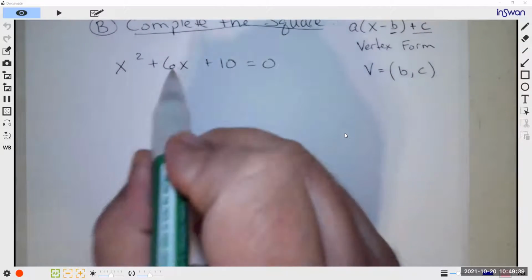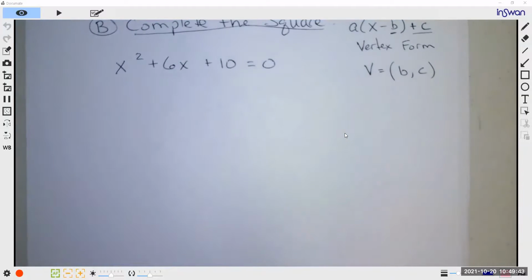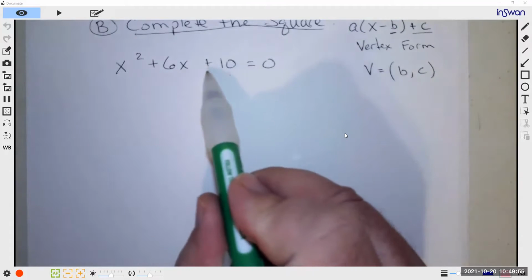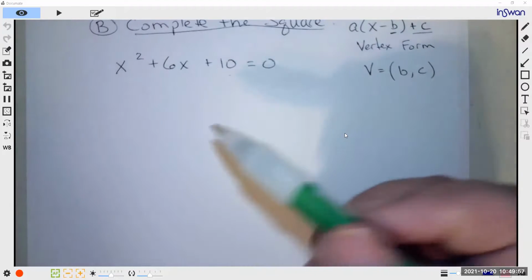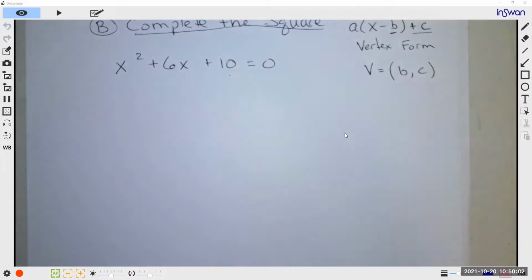So here we use the next two methods whenever it's not factorable. You can't factor this to make it work, because what times what is 10 when you add them, you get 6? 10 plus 1 is 11. 5 plus 2 is 7. So you can't factor it, so you got to do another method.